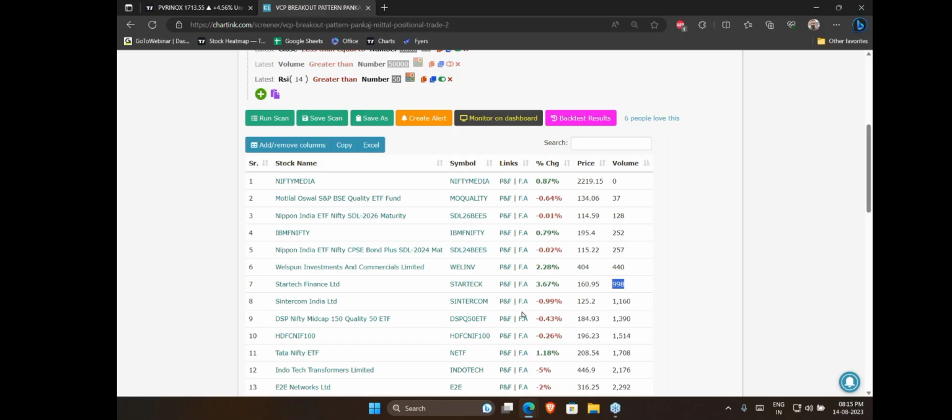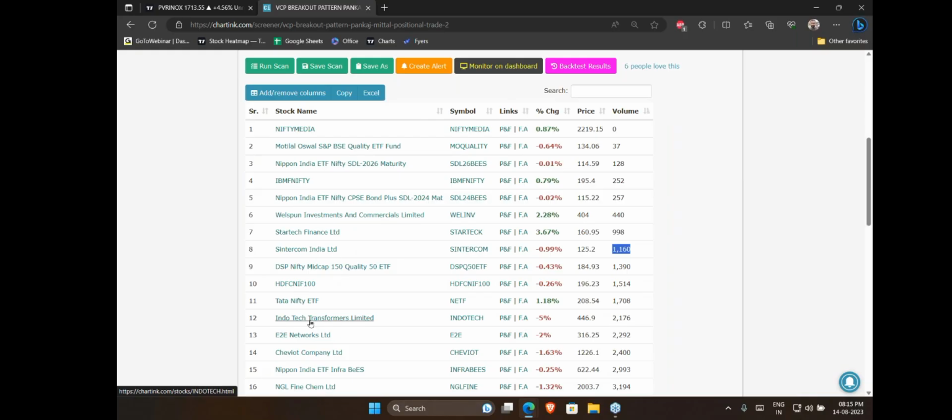Then Sintercom India, total volume of 1160. Let me show you some more. Indotech Transformer, total volume of 2,176. So those stocks are not tradable, even in intraday, not in positional.